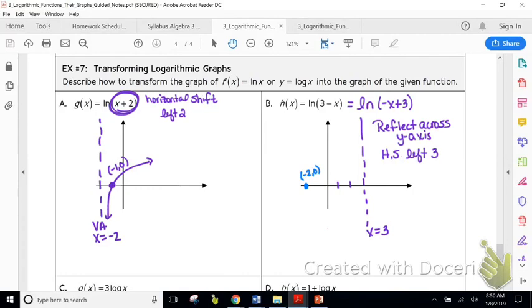And my point's going to reflect. So it's not 2 to the left, it's going to be 2 to the right. So now it's going to be at 2, 0. And what is my graph going to look like then? It's going to look the same as the other side, but reflected, right? So it's going to be coming down this way and going up this way.